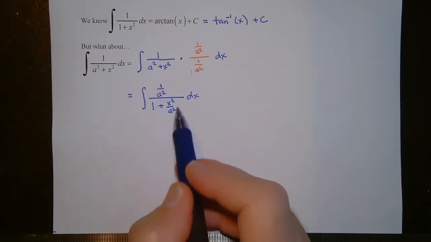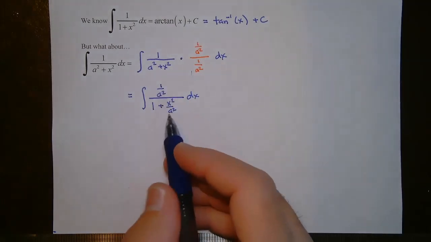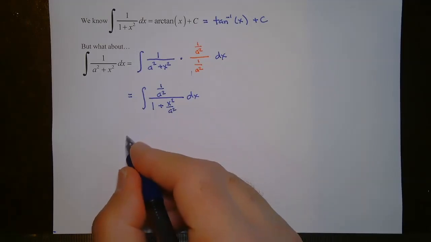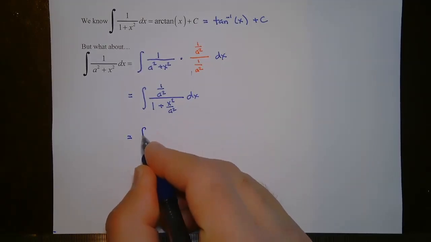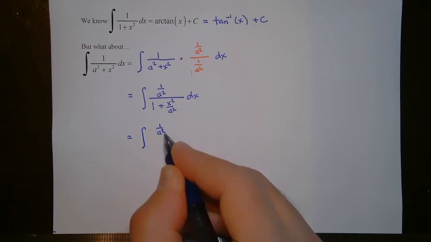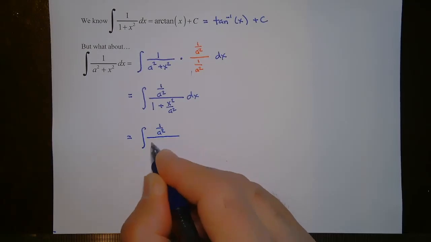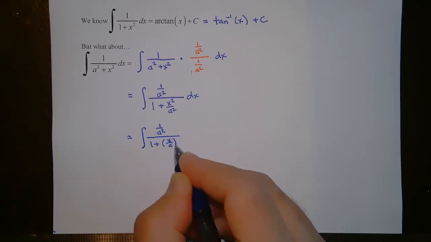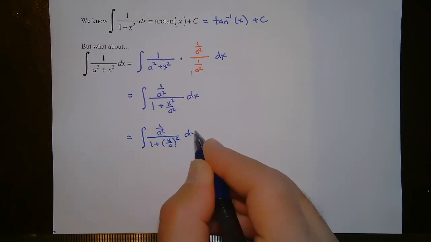But this could be rewritten, okay? So this could be rewritten as x over a, quantity squared. Okay, that's just an exponent rule. So now we have the integral of 1 over a squared over 1 plus x over a squared dx.